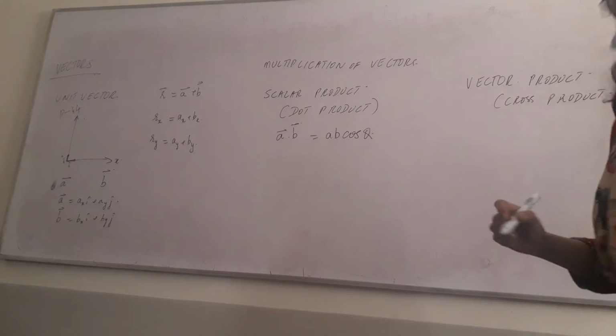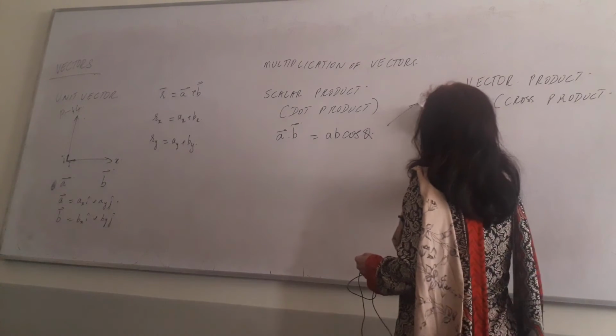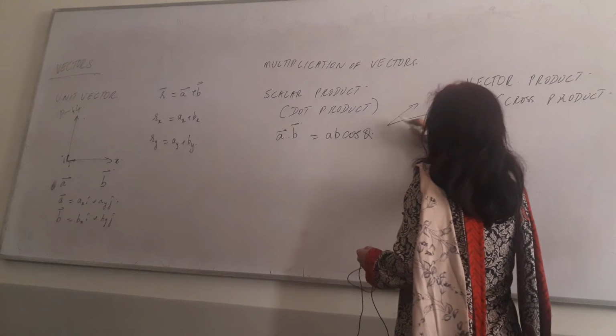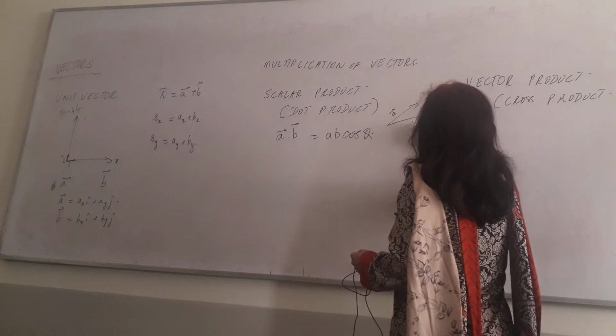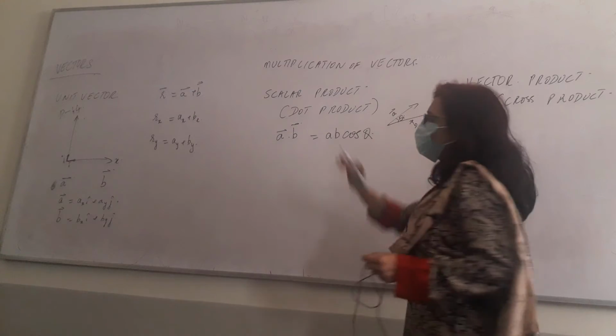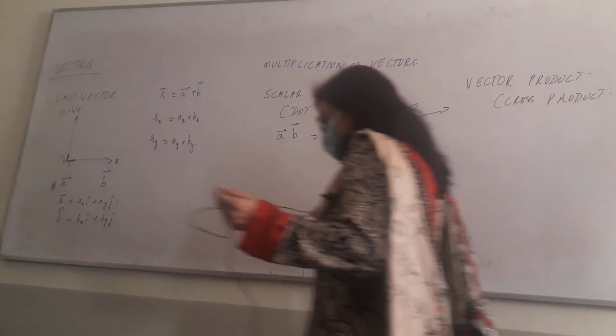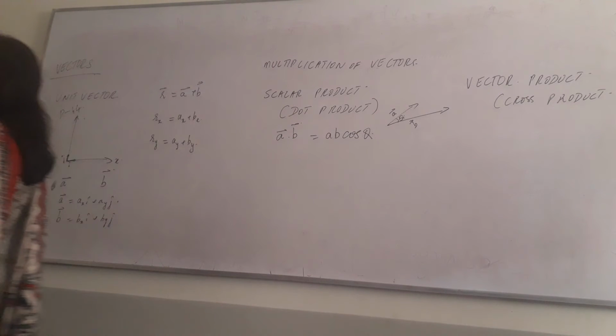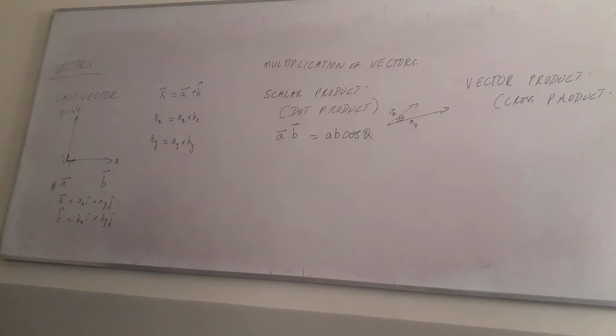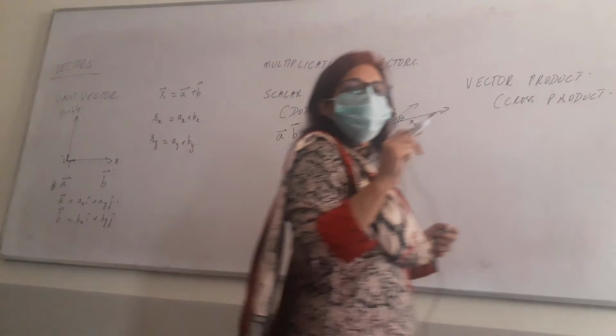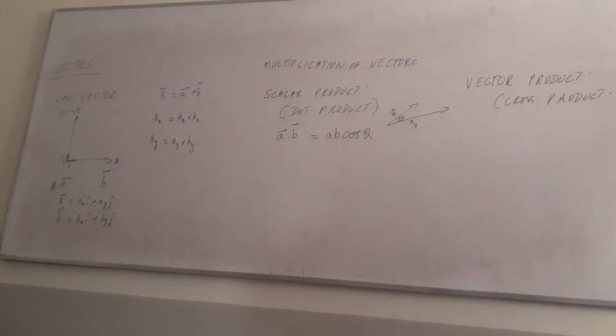If the diagram is similar to the one in your book, like this is A, this is B, this is phi, then this will be the formula. The answer of a scalar product is a scalar quantity. The answer of a vector product is a vector quantity, so it has a certain direction.